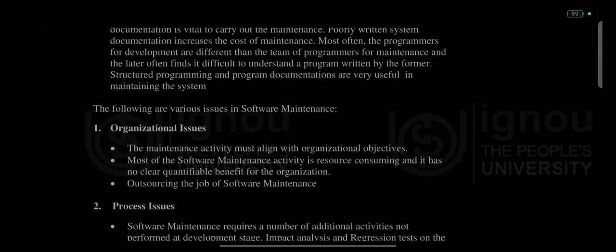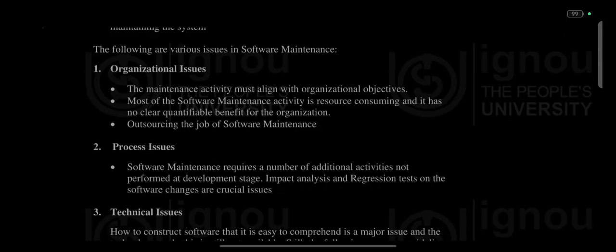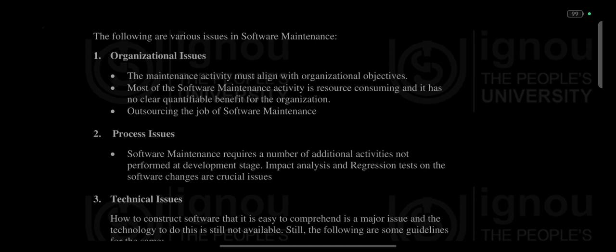The following are various issues in software maintenance. Organizational issues. The maintenance activity must align with organizational objectives. Most of the software maintenance activity is resource consuming and it has no clear quantifiable benefit for the organization.